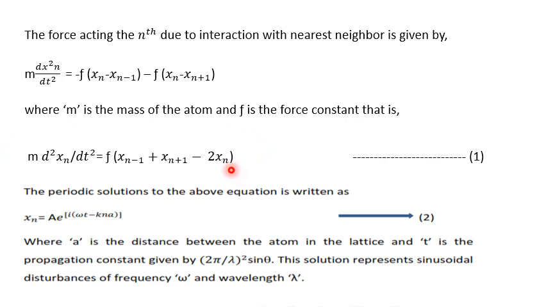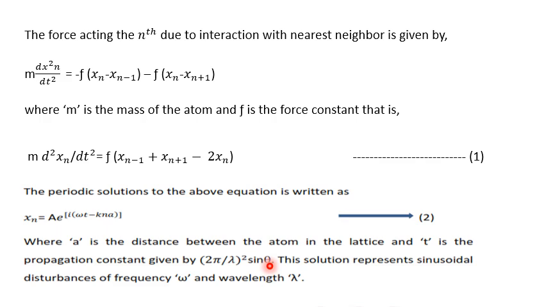Okay. So it is a second order equation, and the periodic solution to the above equation is xn, that is the amplitude. xn is equal to a e power i omega t minus kna. We know this equation, where k is the wave vector, n is the atom index, a is the distance between the atoms, and t is the time of propagation. k should be equal to 2 pi by lambda.